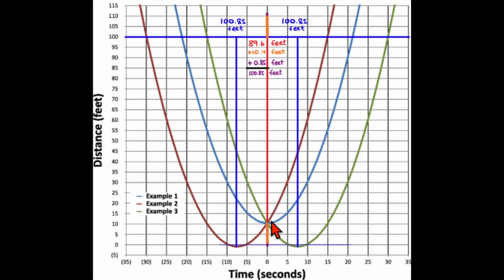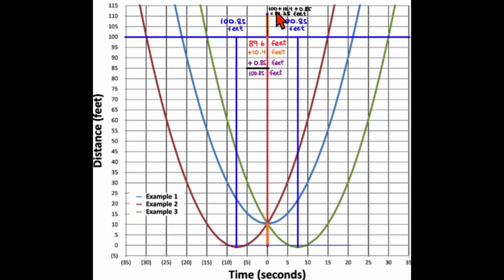So it is 185 hundredths feet from rest, but at the same time, it is, here's the 100 feet from its point 0, 10 4/10 feet, 85 hundredths of a foot. So from its point 0, it is 111 25 hundredths feet.